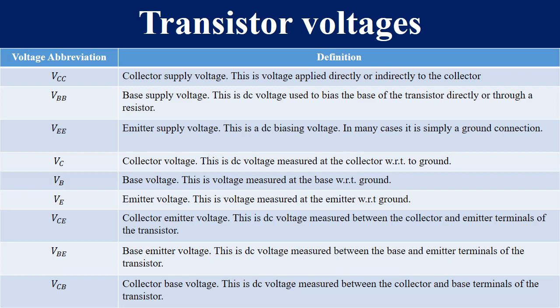Collector, base, emitter, these are terminal voltages. VCE, VCB, these are junction voltages. Guys, you must know these voltages because it will be of great help to you when we discuss bias circuits for BJTs.